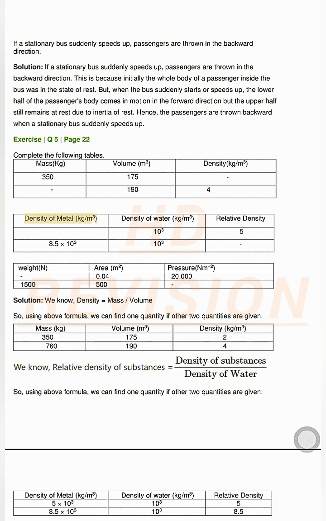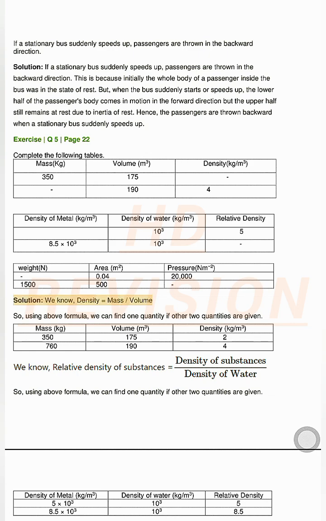Density of metal kilogram per meter 3, density of water kilogram per meter 3, relative density. 10^3. 5. 8.5 times 10^3. 10^3. Weight N, area m2, pressure Nm-2. 0.04. 20,000. 1,500. 500.